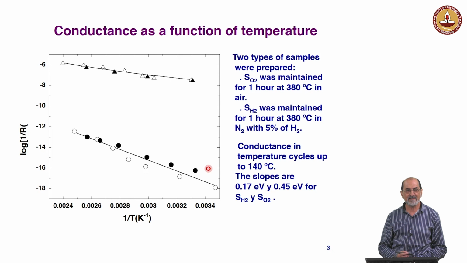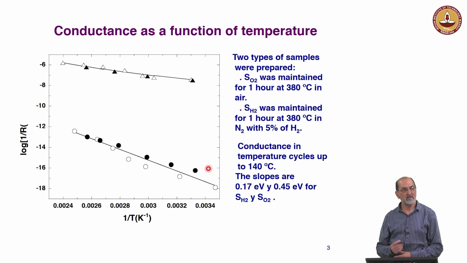People who say that everything takes place at the surface explain this by saying that the oxygen attaches to the surface, so we have higher Schottky barriers, and then the conductivity is lower. We want to show that that is not the only thing that takes place.